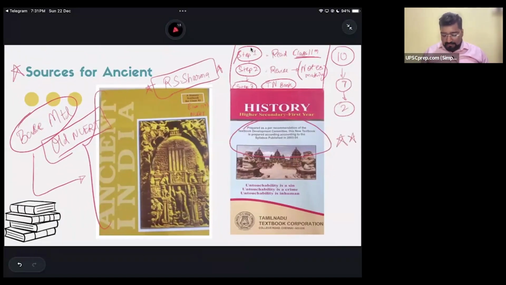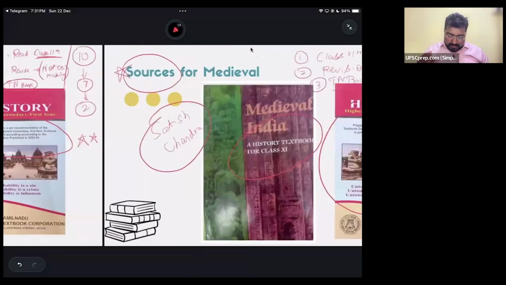The Tamil Nadu book is very important because questions associated with Sangam literature, the Pallavas, the Chalukyas, and the Vijayanagara Empire are solved from this book. That is the reason I have asked you people to add this particular book to your list.